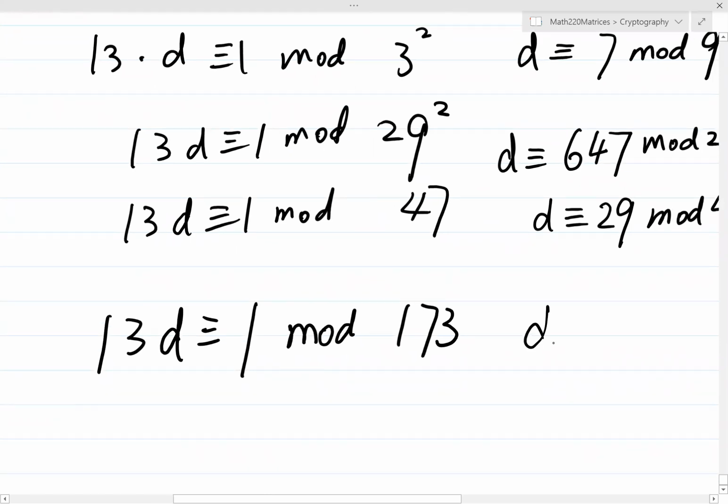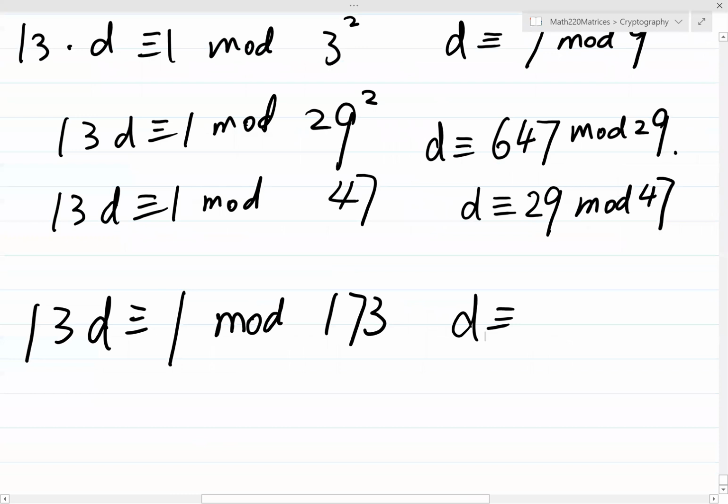Let F be this finite field of 173 elements. We compute the inverse of 13 in this finite field, and we get 40. So d is congruent to 40 modulo 173.